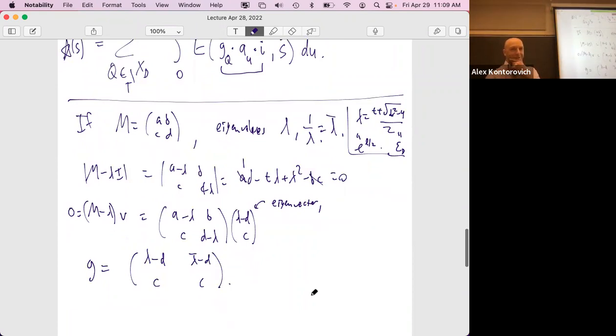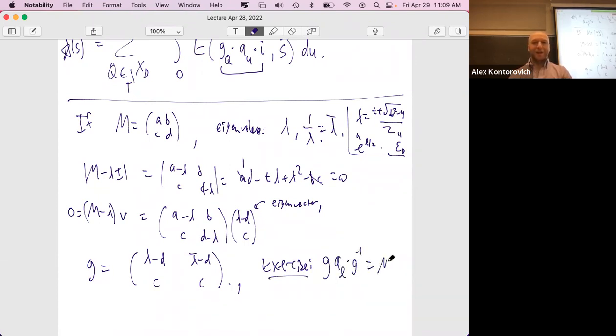G is the matrix of eigenvectors. Let me make this an exercise. I think we need to spend the time to do it. G times e to the L times G inverse is equal to M, where e to the L over 2 is the eigenvalue.